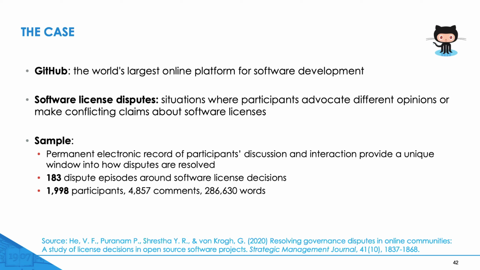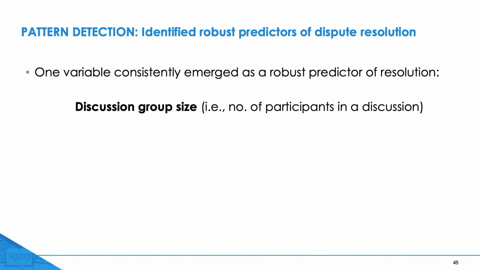So let me just share with you. To simplify it, I just shared the most striking one. That is, we found the larger the discussion groups, the higher the likelihood for them to resolve a dispute. So take this as a robust pattern.